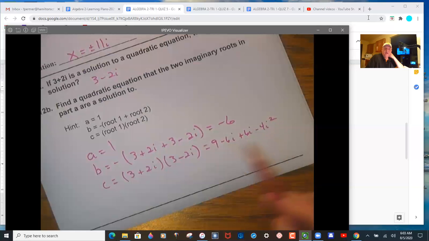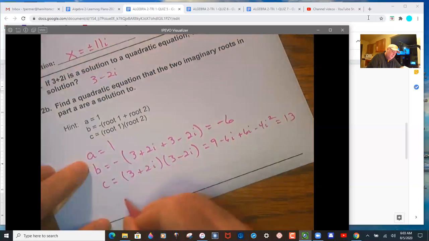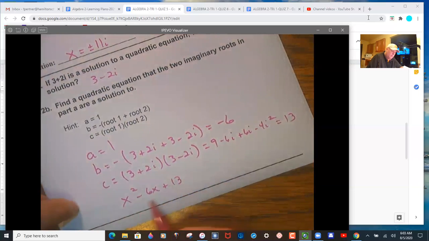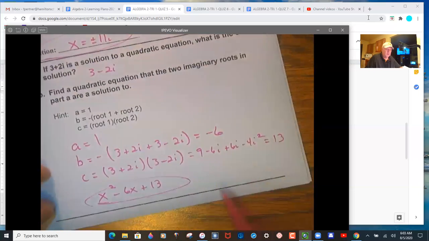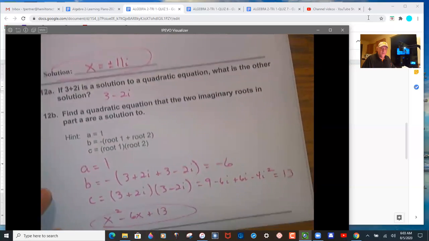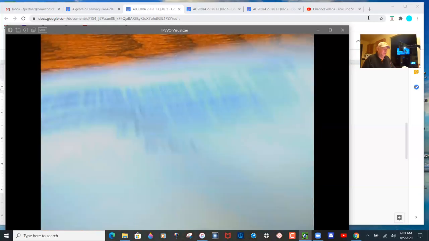So it'll be 9 plus 4, the negative 6i, positive 6i will drop out. 9 plus 4, which is 13. So then you put these as the coefficients. So again, you could check this in your polynomial solver to see that it gives you back 3 plus 2i, 3 minus 2i. It's something that you should do, or check it on the online calculator.